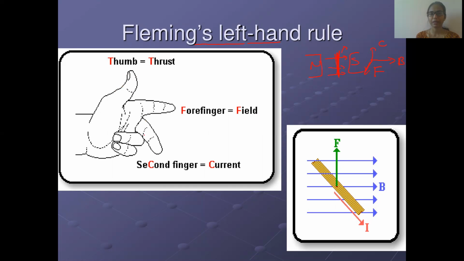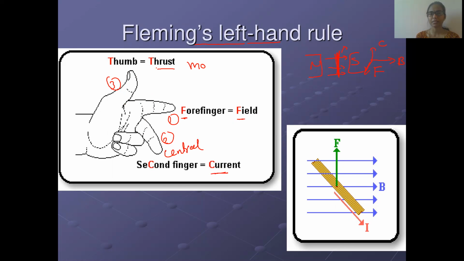First we take the forefinger, middle finger and the thumb mutually perpendicular to each other like this. The forefinger indicates the direction of the field. The central finger indicates the direction of the current. Then comes the thumb, which indicates the direction of motion.